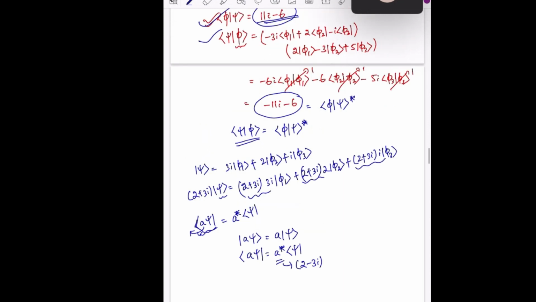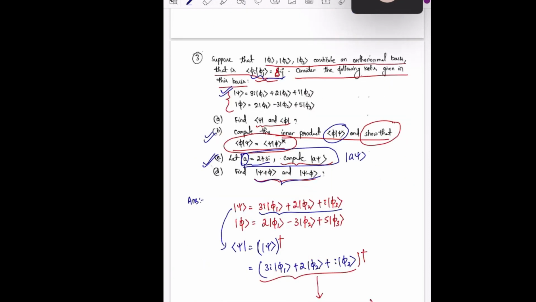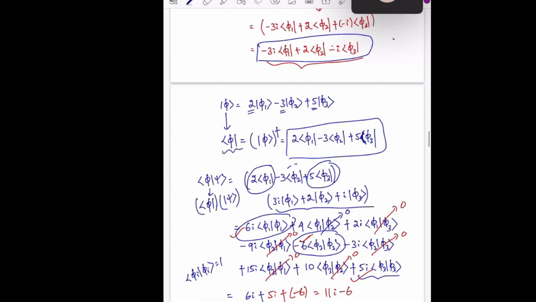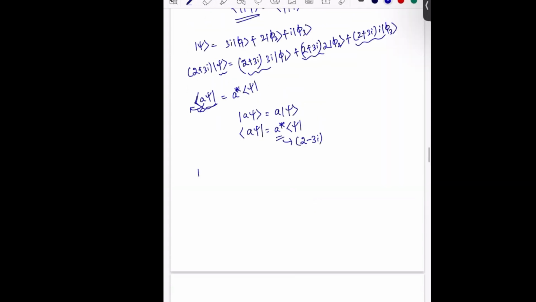Okay, this one is simple, and I think everyone can find the value of psi plus phi and psi minus phi. So let me write the answers.